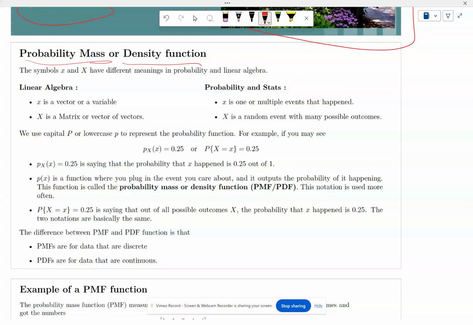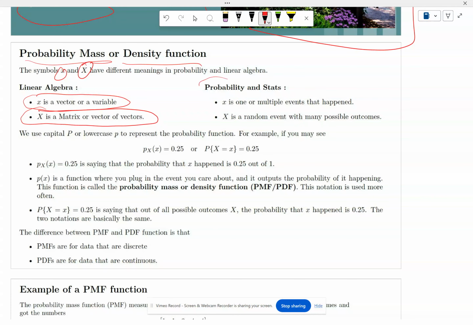Okay. Now, in probability, the symbols lowercase x and capital X have different meanings. In linear algebra, we learned previously that x is a vector or a variable, and capital X we use to represent matrices.